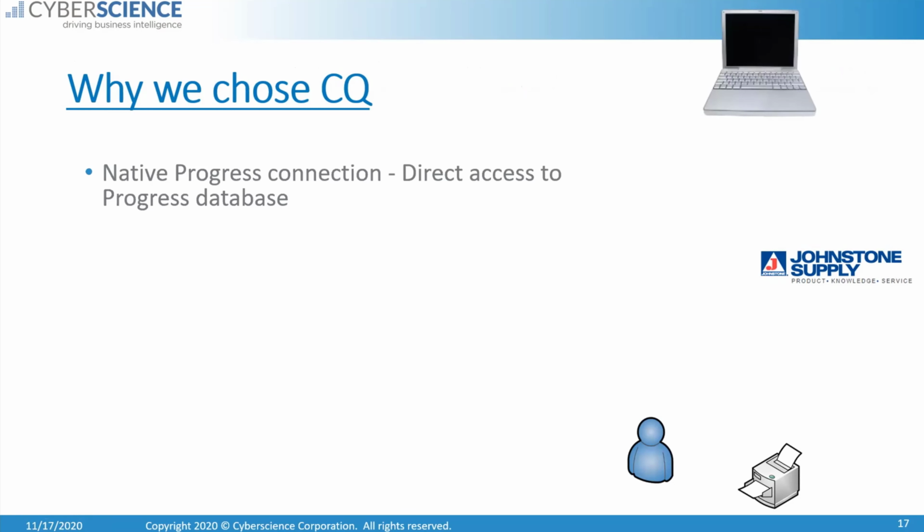You keep hearing that, but it's extremely important when you're connecting to multiple tables. So direct access to the Progress database. She also was happy that there was no reliance on other parties to have to cube and or stage data. Once the data gets added into SX.e, it gets stored onto Progress. You can run a query seconds later in Cyberquery, and your data's there.